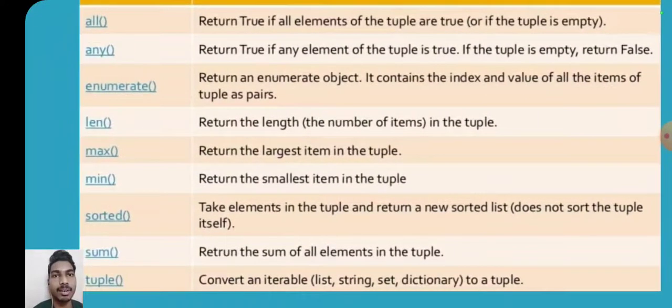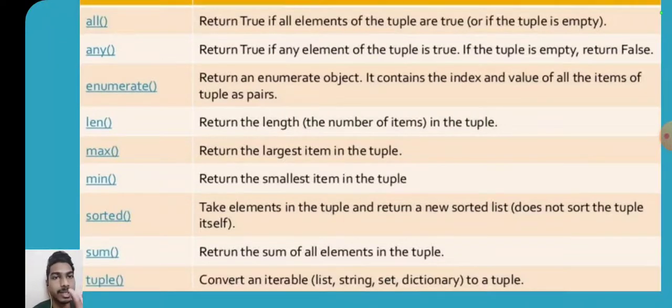Len() returns the length, the number of items in the tuple. Max() returns the largest value in the tuple. And min() returns the smallest value among the elements in the given tuple. And sorted() takes elements in the tuple and returns a new sorted list, and does not sort the tuple itself.